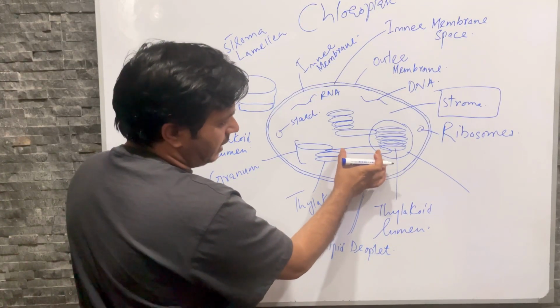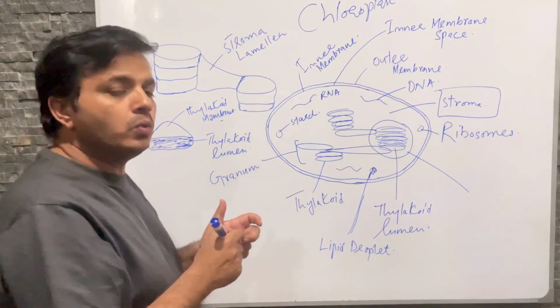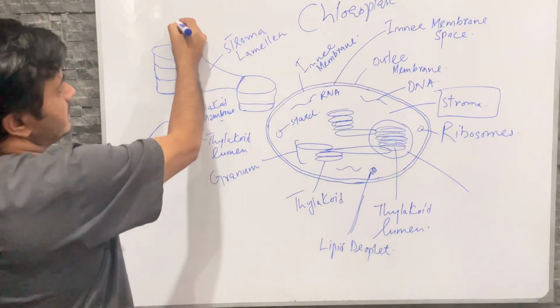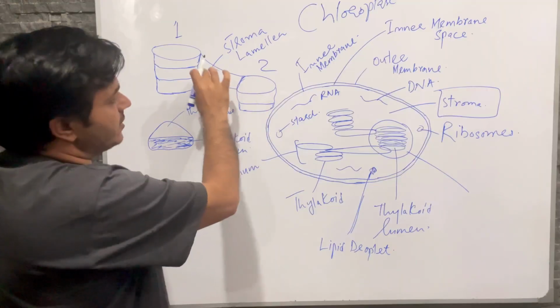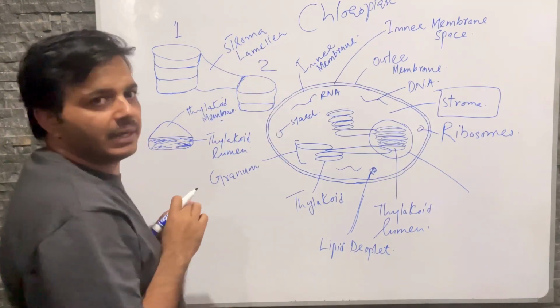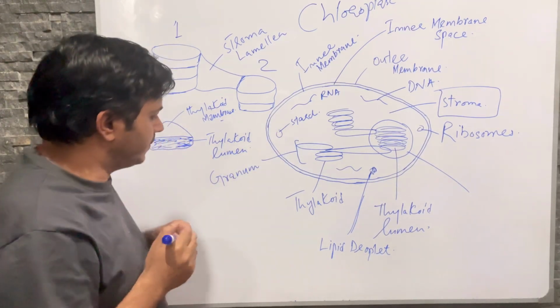The pipes are the small membranes which are connecting two grana. For example, this is granum 1 and this is granum 2, and the connections between these two grana are called stroma lamella. We're going to discuss their function in the next video.